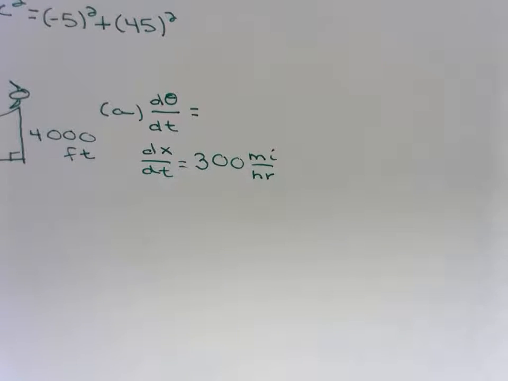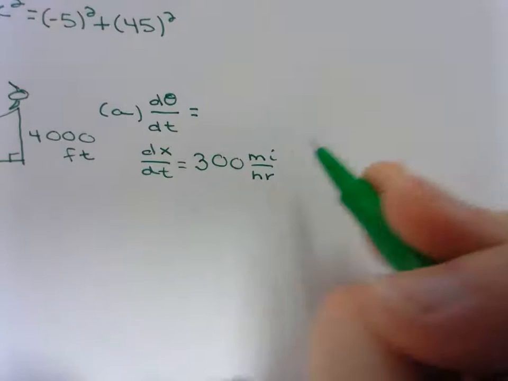I think you want it in feet per second, because usually we measure an angle changing per second. So if an angle is decreasing, we usually measure it per second. I'm not really sure, but I'll be more specific if I tell you what to convert it to. So we want to get it to feet per second.